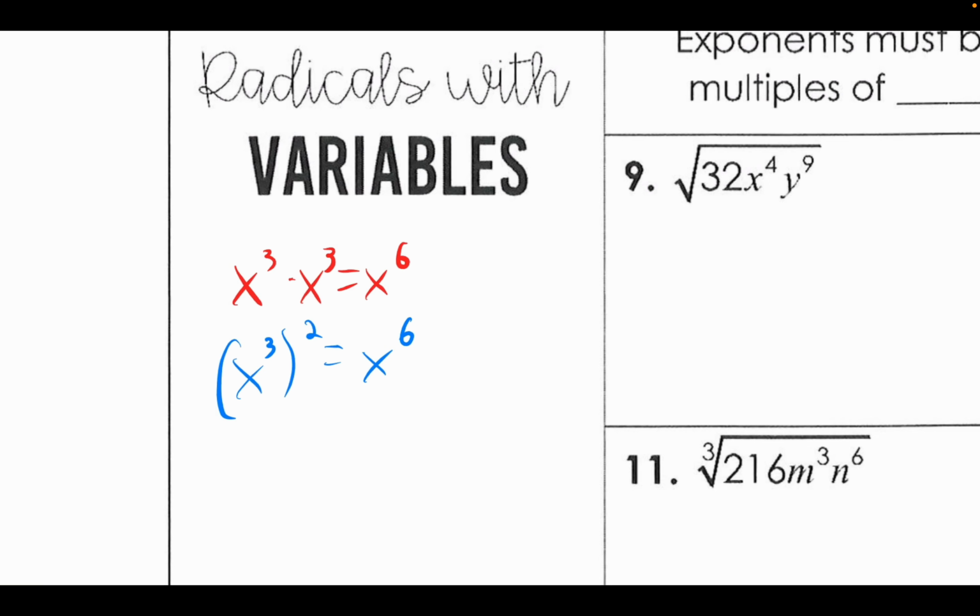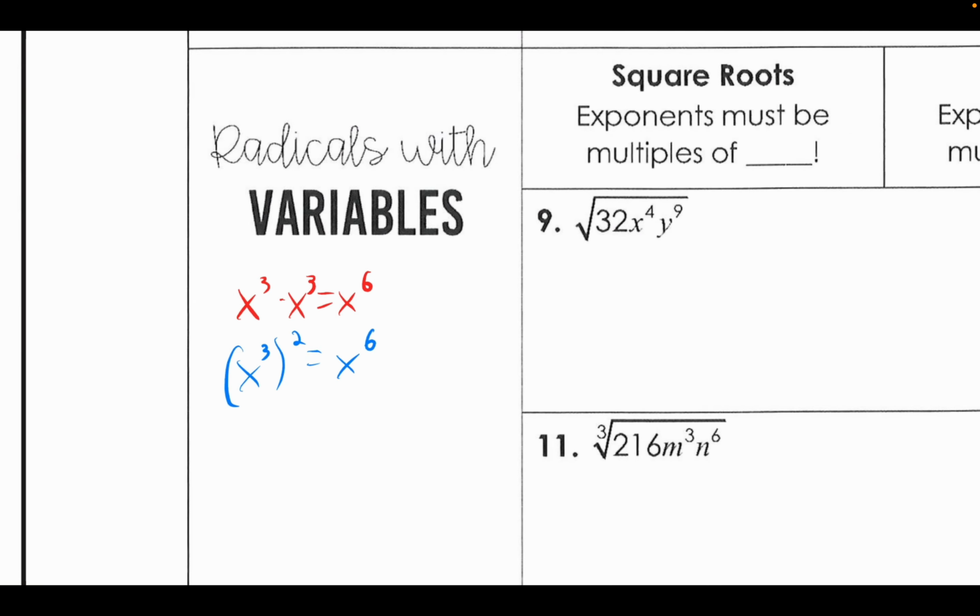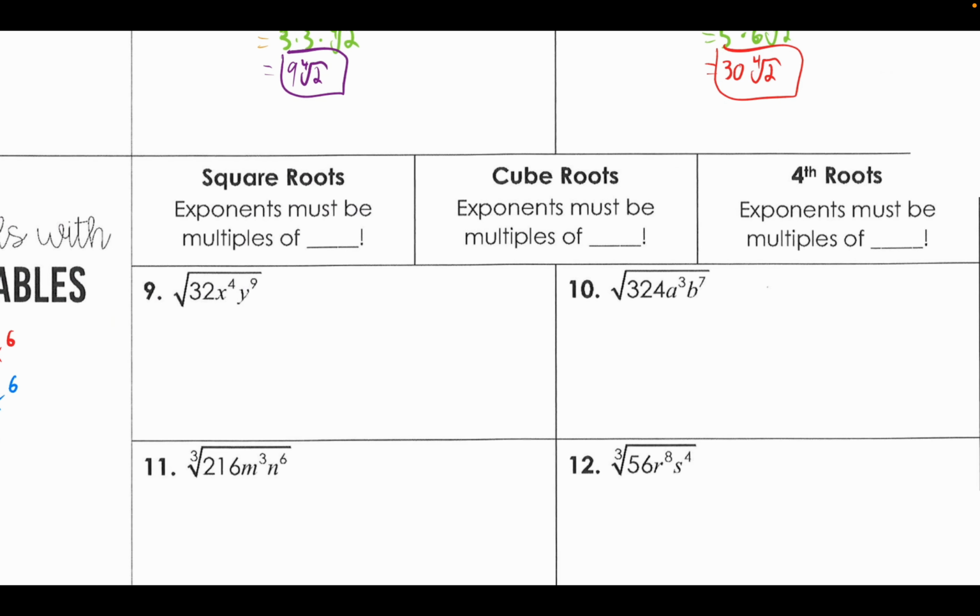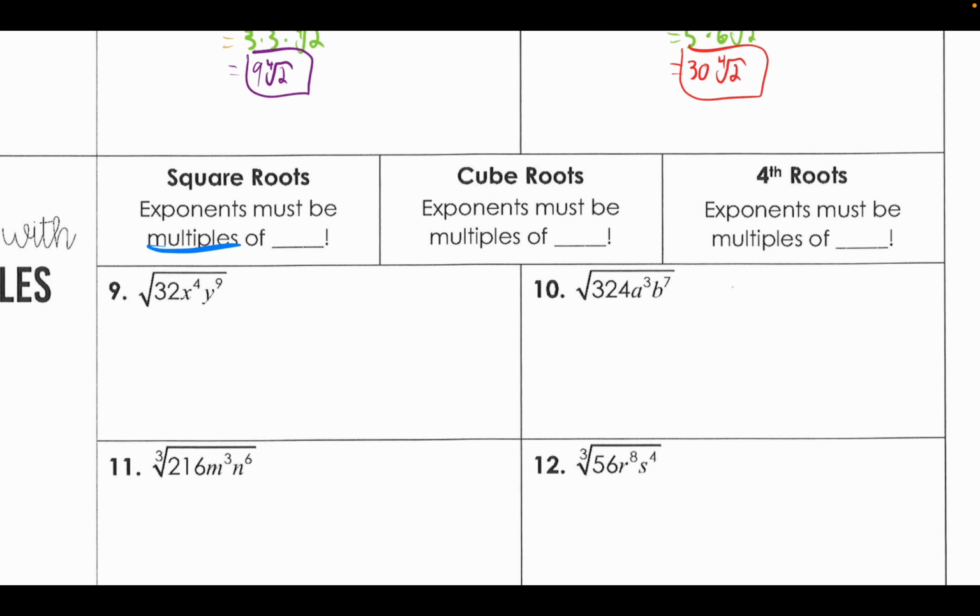Now, the reason that's going to be helpful here is because it's going to work in reverse. It's going to work in reverse of this one or this one, depending on how we think of it. Either way, 6 is a multiple of 3, 6 is a multiple of 2, depending on our problem. I say multiples because you notice the word multiple appears here, here, and here.